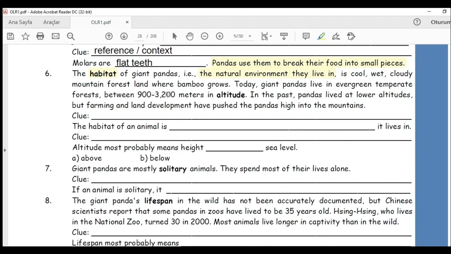They used to live in lower altitudes, but because of farming and land development, they have been pushed higher in the mountains. So altitude must be the height from sea level, right? So the height above sea level. What we're going to write there is above sea level.